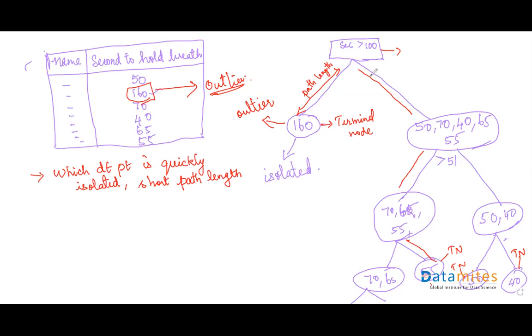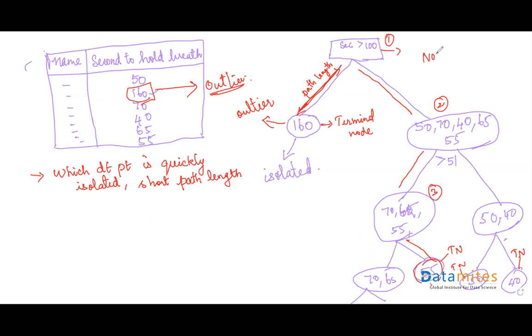Path length is nothing but, see here, it takes only one branch, right? And here, how many branches is it taking? Here one branch, here one branch, here. So this takes 3 splits, 1, 2, and 3.